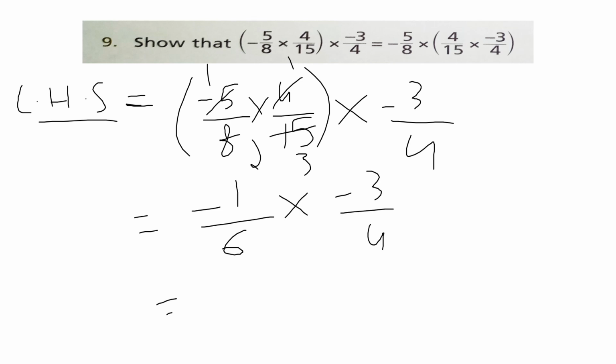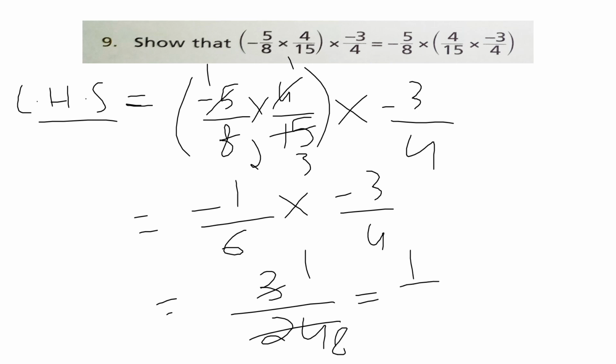So minus minus becomes plus and 6 4s are 24. You can also do cutting because 3 8s are 24. So it is 1 by 8. Now in the same way you have to solve the right hand side by yourself, and the answer should be 1 by 8.